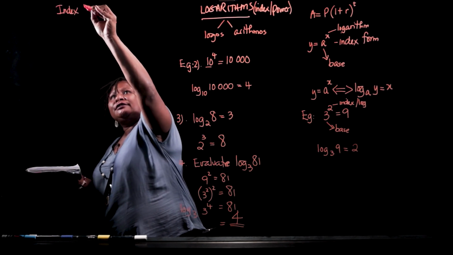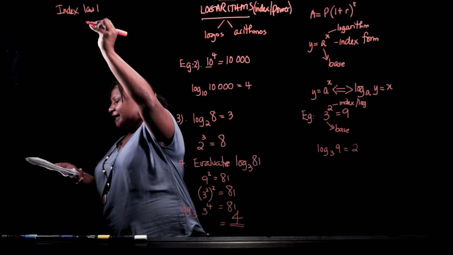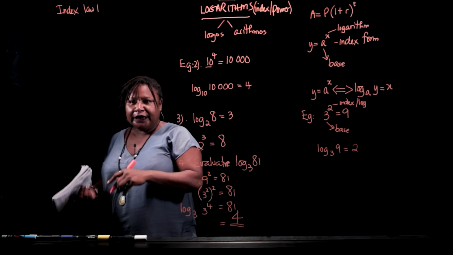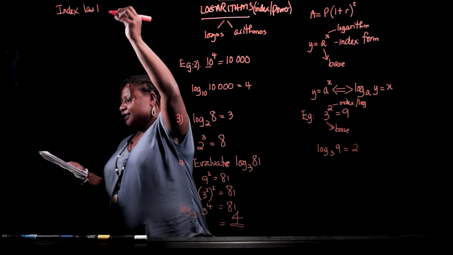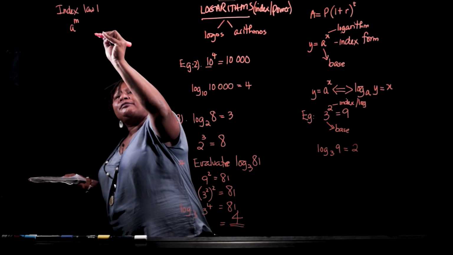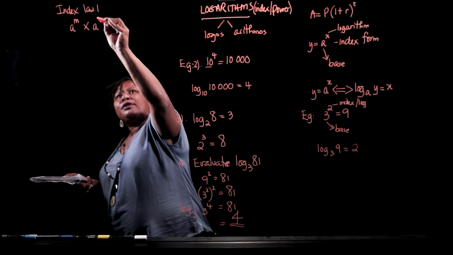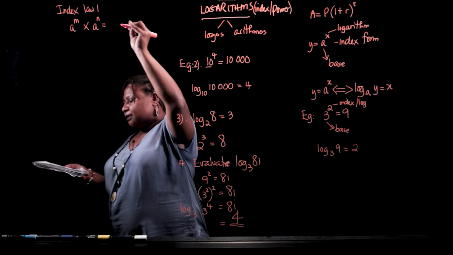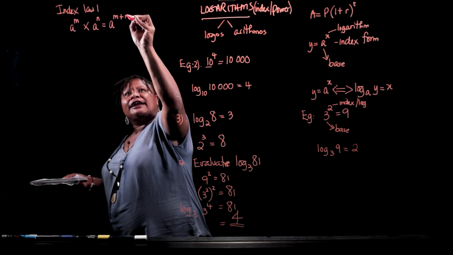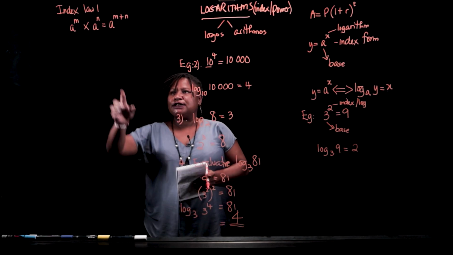Let's write it down. It states that when you're multiplying two numbers with the same base, we add the index. So a to the power of m times a to the power of n is equal to a to the power of m plus n. That's what the index law states.